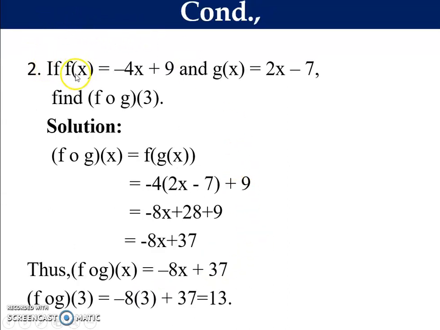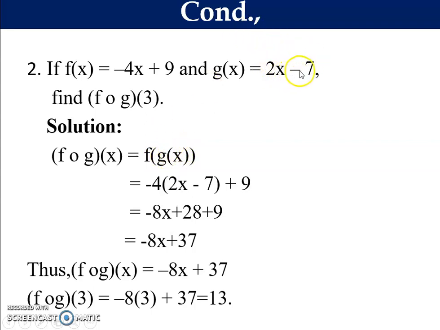Second problem: if f(x) = -4x + 9 and g(x) = 2x - 7, find (f composite g)(x). We write it as f(g(x)). In place of x in f, we have to substitute the function g(x). What is g(x) here?